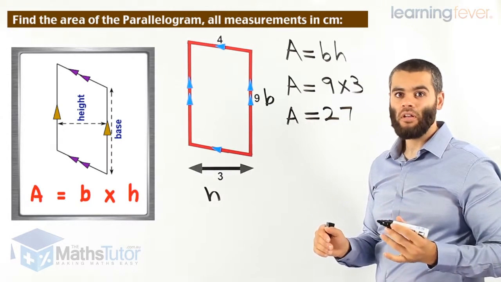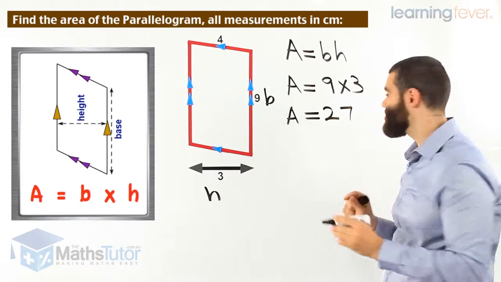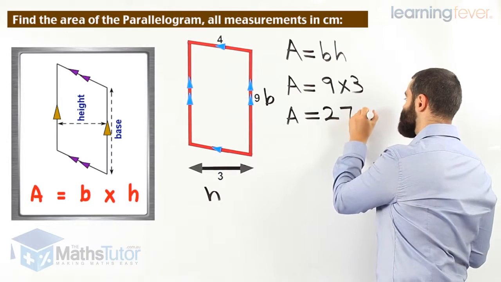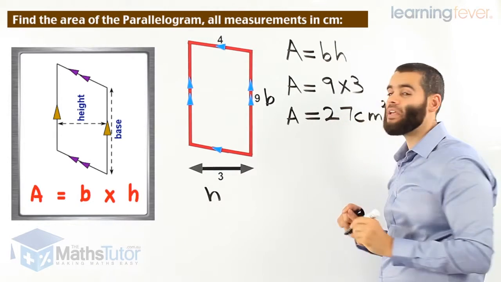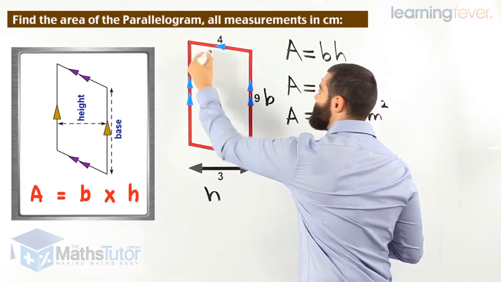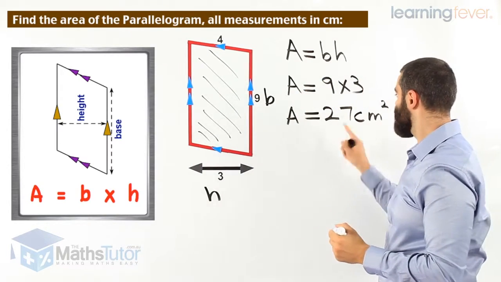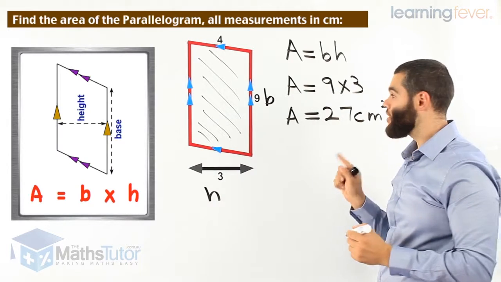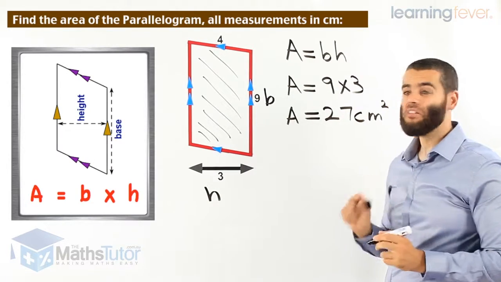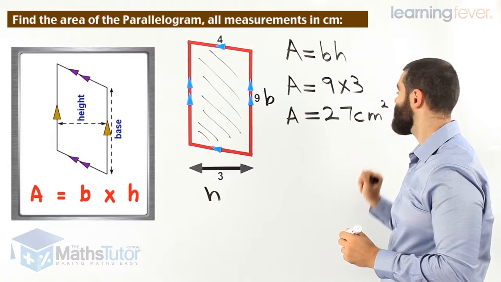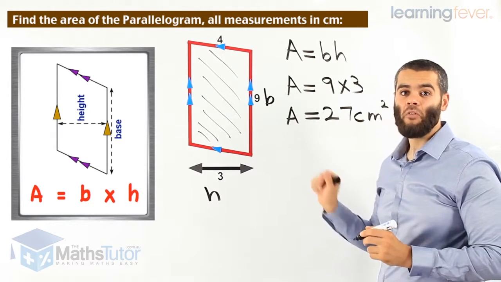Is that all? It is. However, we must write down our units. Square centimeters. This is the area. The area is everything inside this parallelogram. 27 square centimeters. The question says all measurements in centimeters, so 27 square centimeters is the area of this parallelogram.